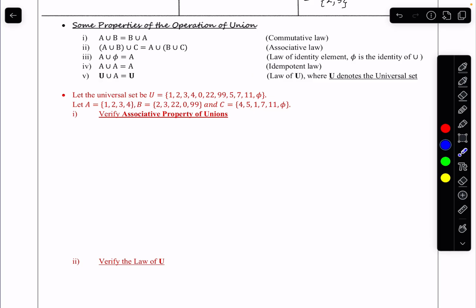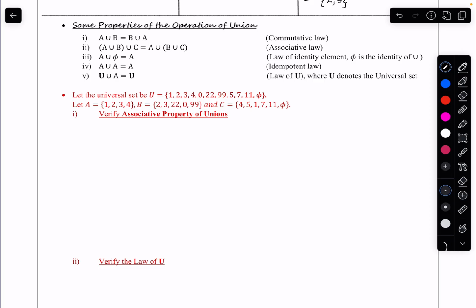So it's in this regard that we are saying U is the universal set. Now having taken the set U and then A, B, and C, every element of A is in U, every element of B is in U, and every element of C is in U.